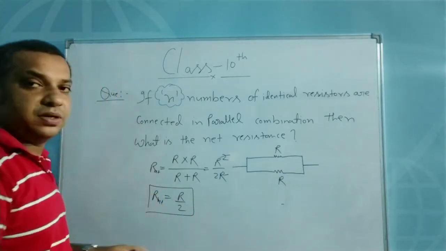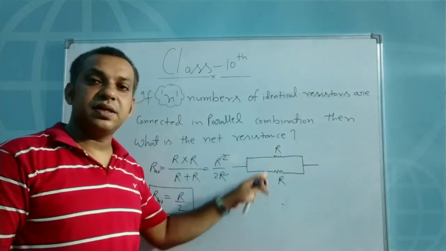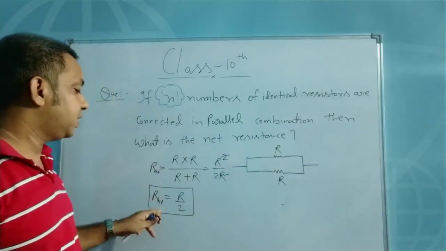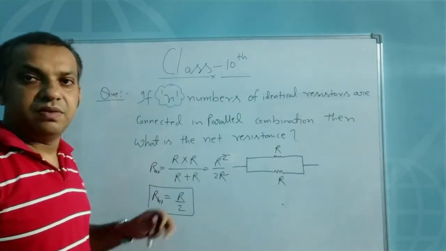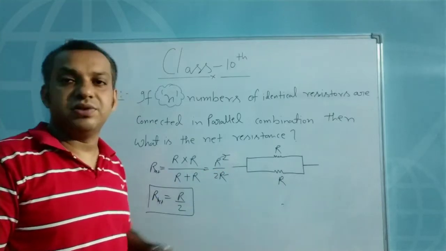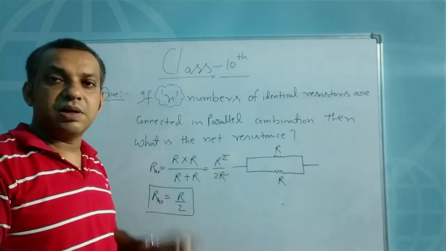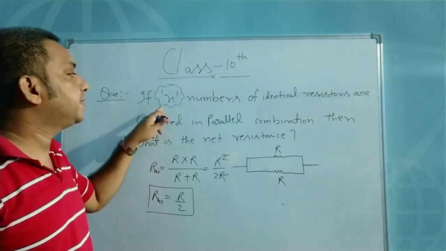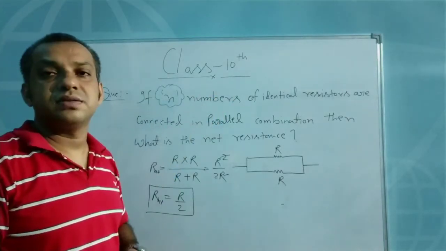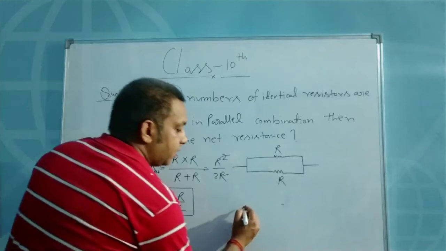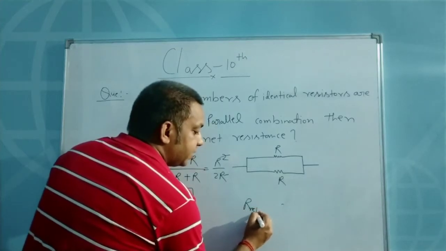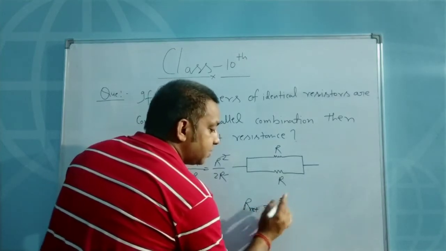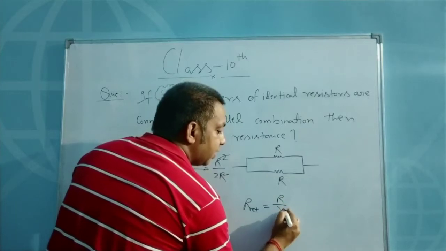Right? So when two identical resistors are connected in the parallel combination, you are getting R net is equal to R by 2. When you connect 3, then R by 3. When you connect 4, then R by 4. So our question is, n numbers of identical resistors are connected. So our required answer is R net is equal to how much? You will get R by n.